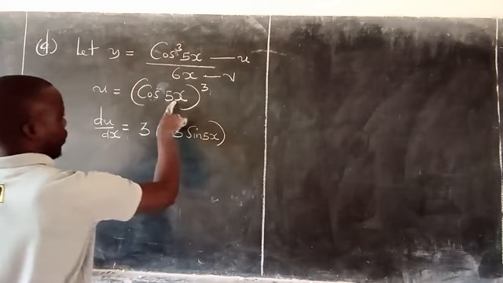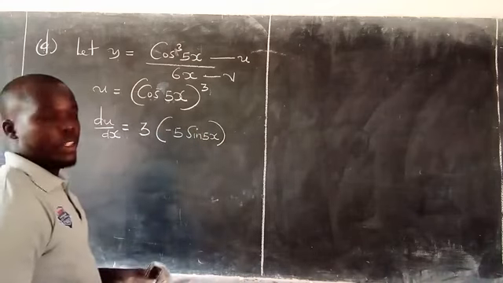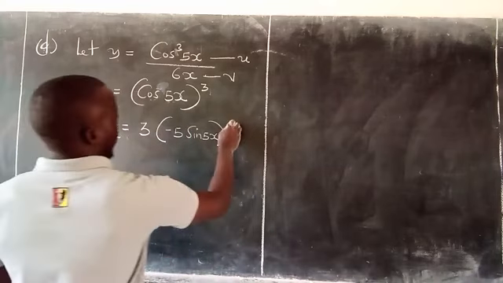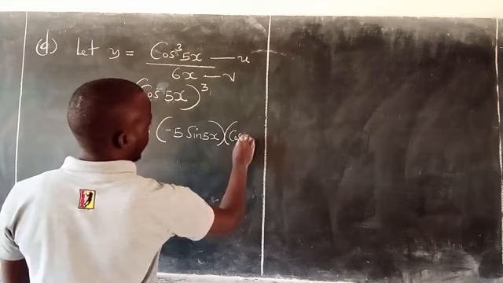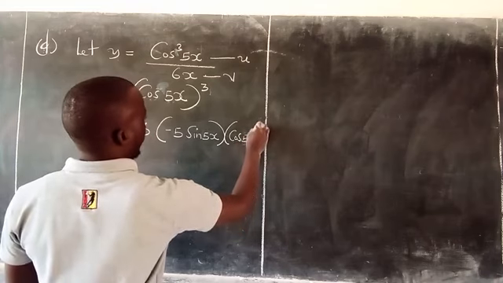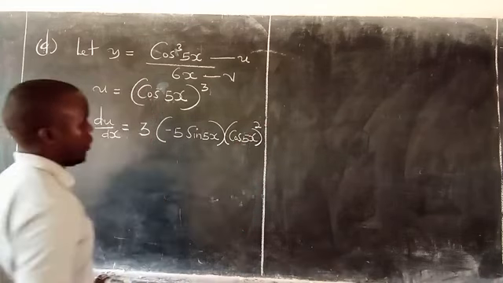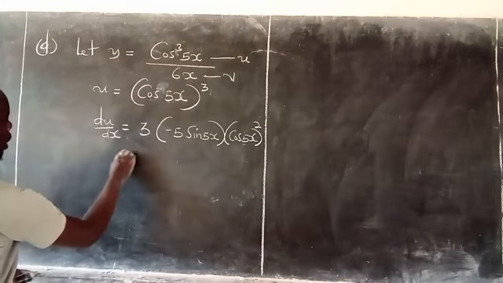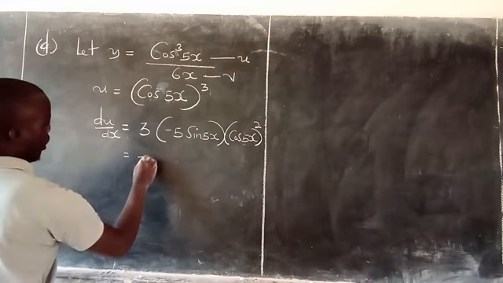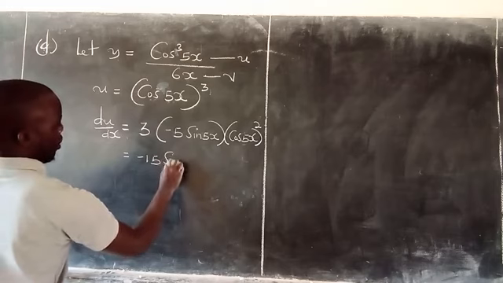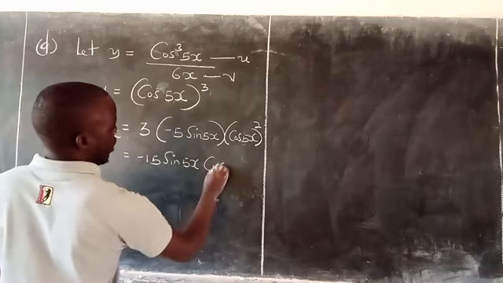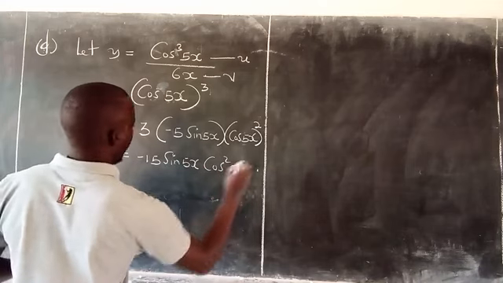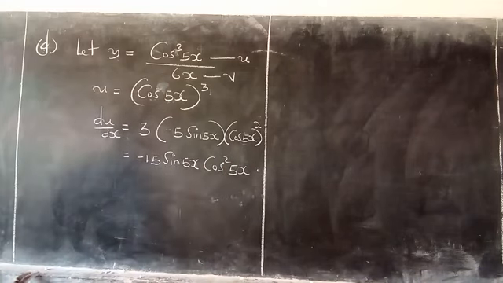Why? Because you first define the angle, then you differentiate the three functions. I write back the same bracket with its content, cos of 5x, but I reduce the power by 1. So that becomes 2. At the end of the day, we shall have minus 15 sine 5x cos squared of 5x as our du dx.